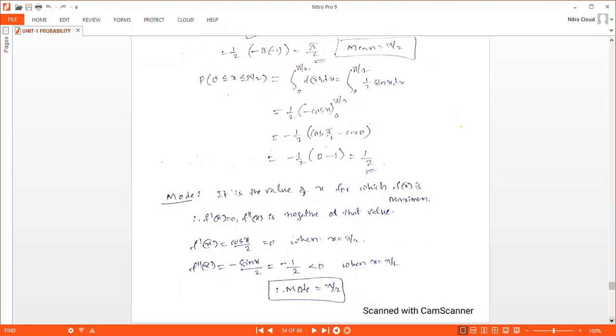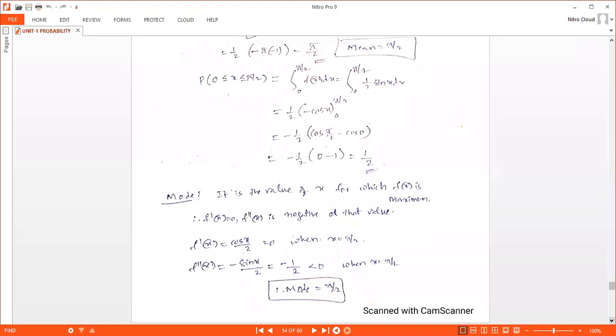If you observe, f dash x is cos x by 2, f of x is sin x by 2. So f dash x is 0. And calculate f double dash x, that is minus sin x by 2, at pi by 2, so minus 1 by 2, which is less than 0, a negative value.